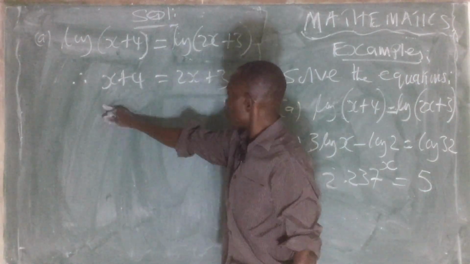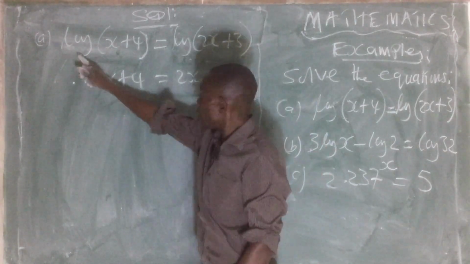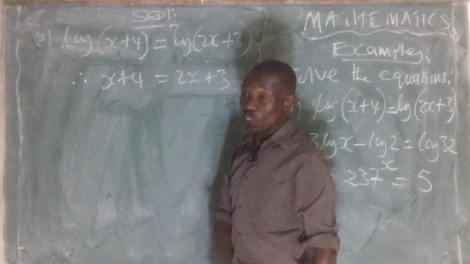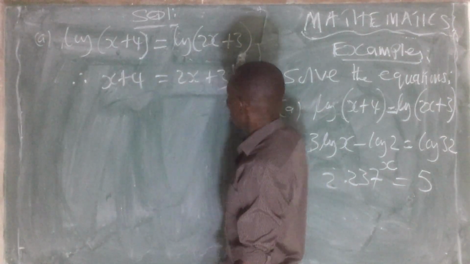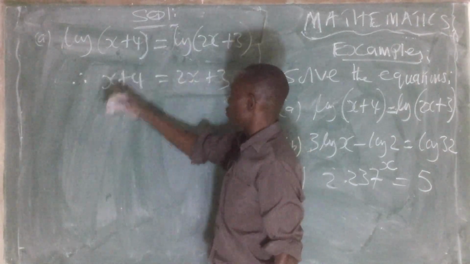There's no way this expression can be different from this one. If log of this is equal to log of this, then this should be equal to this one. Otherwise, this is not true.